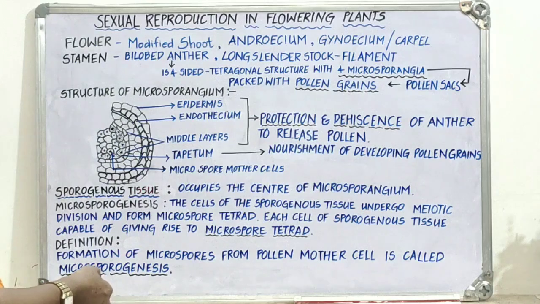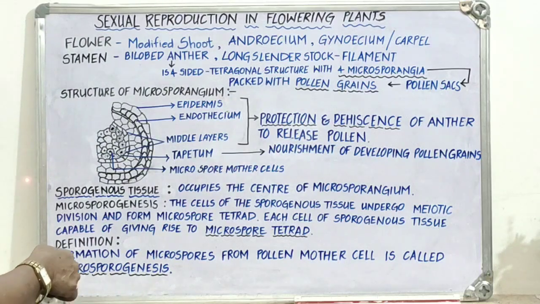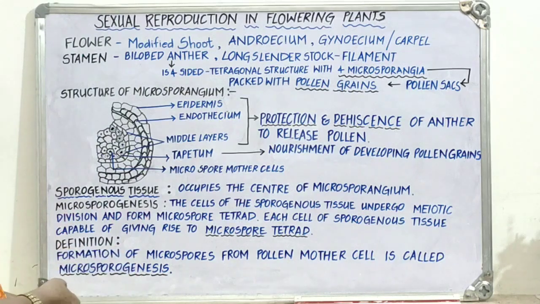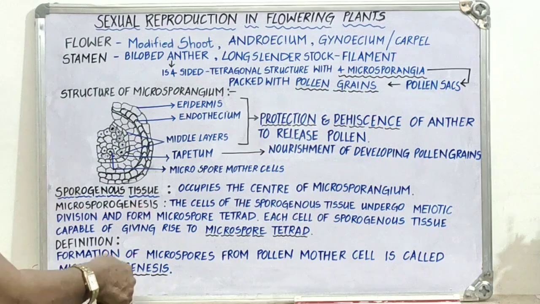Sporogenous tissue is very, very, very important, because from the sporogenous tissue only the microspore mother cell is produced. So microsporogenesis, another terminology, microsporogenesis.